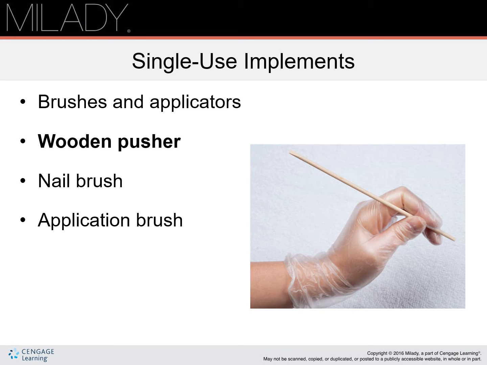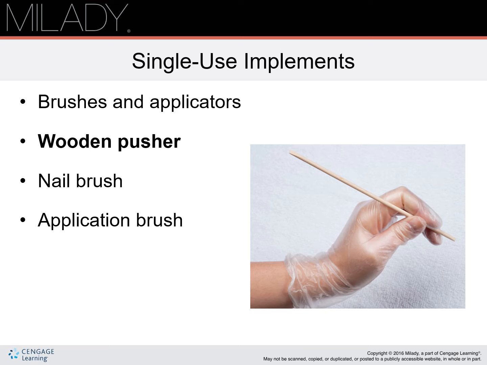A nail brush. It is used to clean and remove debris from nails and implements. Again, make sure that there are some nail brushes that you can disinfect. The ones that we have here are made of nylon, so they cannot be disinfected. The ones that are actually made of plastic, you can disinfect.